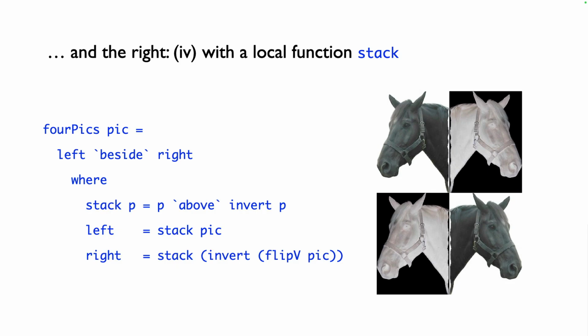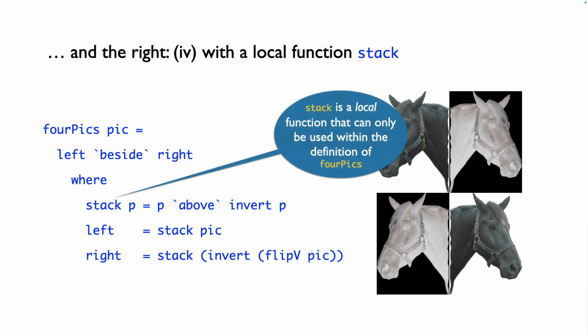We put the pick above invert pick. And we get the right hand side by putting invert of a flip of pick above its inverse. So we use that locally defined function stack of p in defining both left and right. And again, this is a local function that we can only use inside the definition of fourPicks.